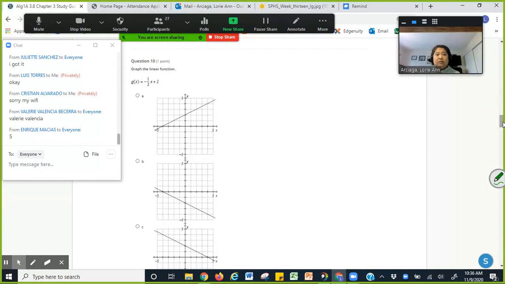10. Okay, so for number 10, where should your graph cross the y-axis? If you're not busy writing, can you type in the chat? Number 10, where should the graph cross the y-axis? What is the y-intercept here?